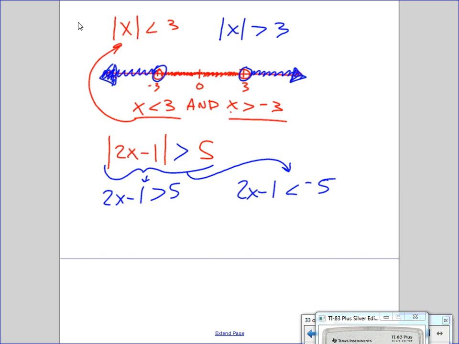Now, what we need to do is decide which conjunction goes here. If you have the absolute value on the left, and then the inequality sign, and then the constant on the right, then if it's less than, it's going to be an and. If it's greater than, it's going to be an or.